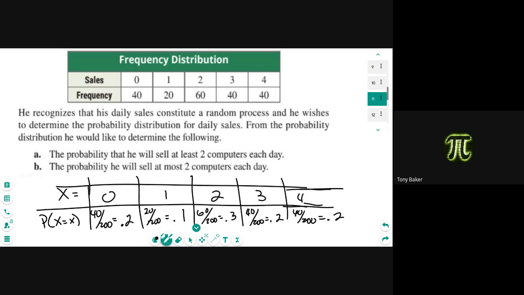Wrong. English fooled him. It says, what's the probability that he will sell at least 2 computers each day? You're adding up the 2, the 3, and the 4. Okay. I only said it was wrong because of you.